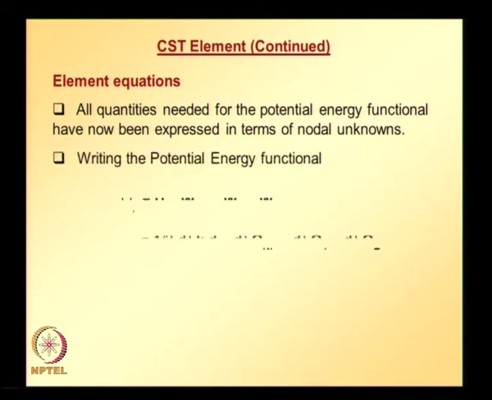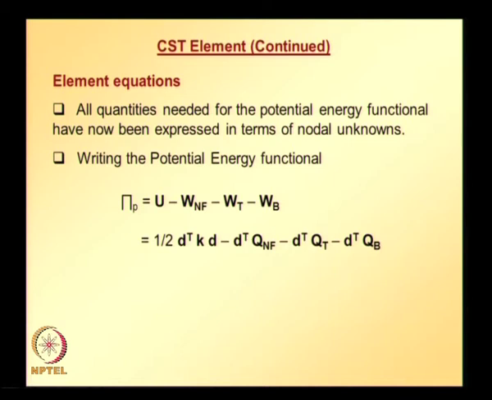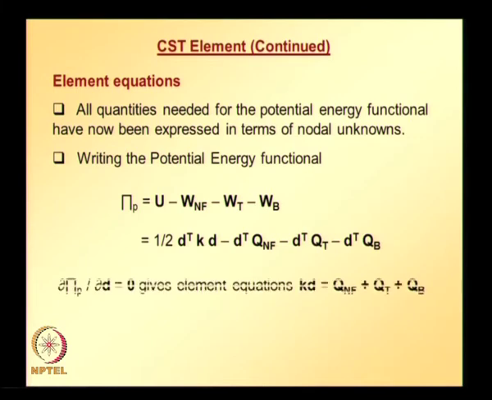So, writing the potential energy functional, that is U minus W, W consists of contributions from concentrated forces, tractions, body forces. We are including all that when we are writing the potential energy functional, and applying the stationarity condition on it, we get the element equations.